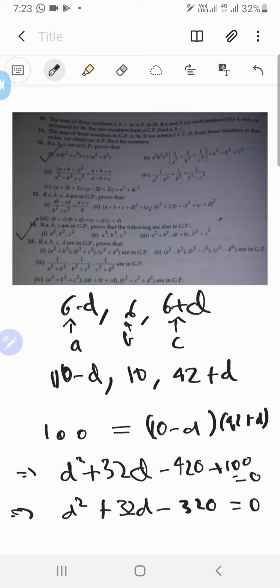Well, 320, that is weird. Think of it, how can we factorize it? So 320 can be written as 64 into 5. That won't work easily. What else can we do? We can write it as 16 into 20. That will not work.